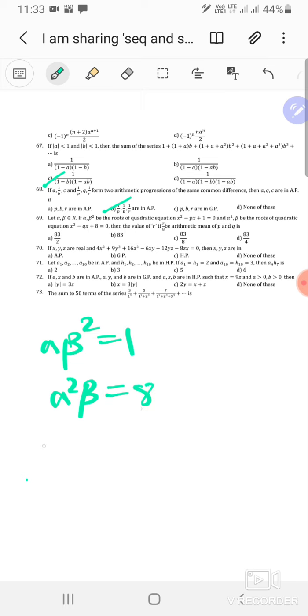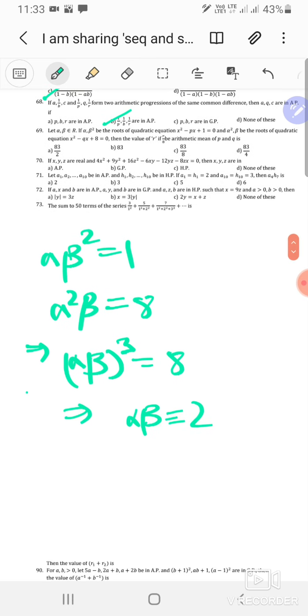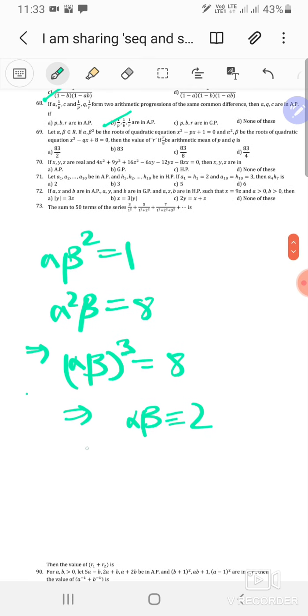That's nice. And these are real numbers, so that gives me (alpha beta) whole cube is equal to 8, which means that alpha beta is just 2. Okay, so now we can divide alpha beta squared by that thing, so that gives me beta equals 1 by 2, and in that case alpha will be 4. Okay, cool.